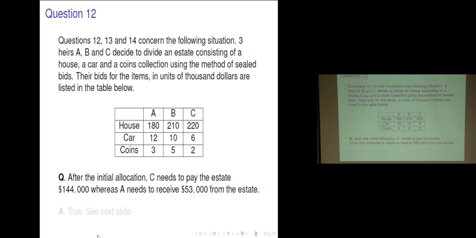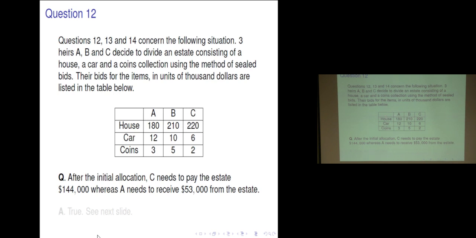Actually, questions 12, 13, and 14 are talking about the same thing. This is part of the topic in fair division. We learned there's a method called sealed bids. The scenario in these problems is that there are three people, A, B, C. They want to divide an estate consisting of a house, a car, and some collection of coins.